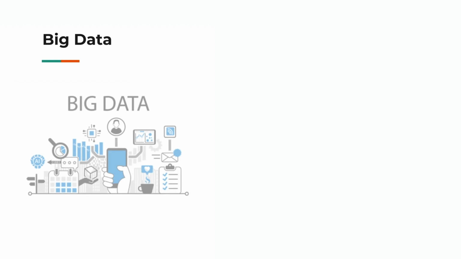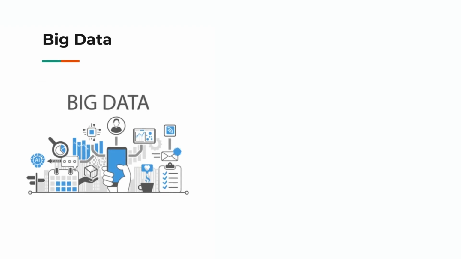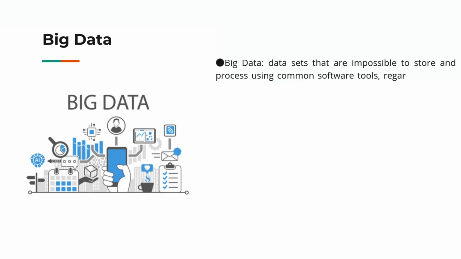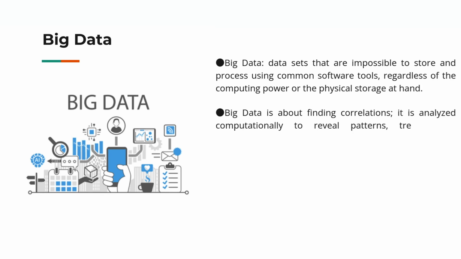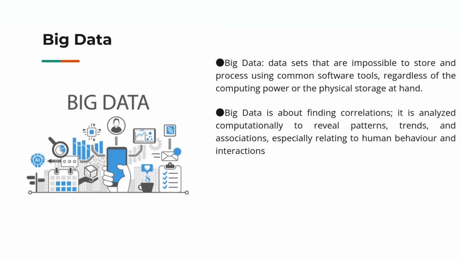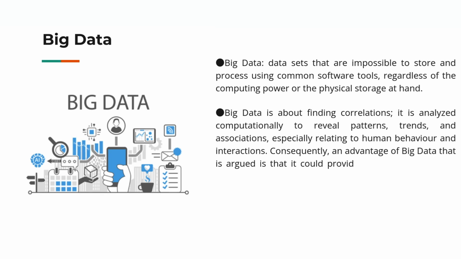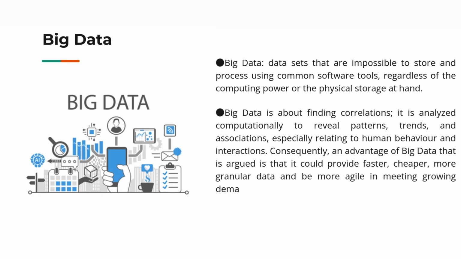What's big data? I'm sure you've heard of this term, and a lot of the conversations around data cannot be held without speaking about big data. Big data is about finding correlations. It is analyzed computationally to reveal patterns, trends, and associations, especially relating to human behavior and interactions.